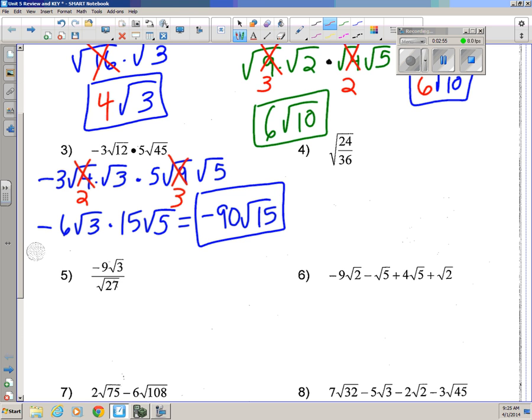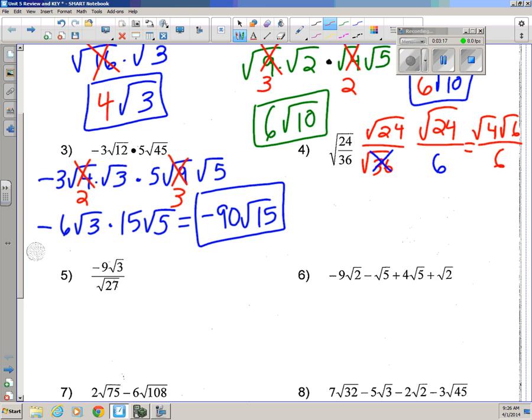Number 4, I realize that radical 36 is a perfect square. So instead of rationalizing, I'm just going to write the one big square root into 2 separate square roots. Because this is a perfect square, I know that 6 is going to come out. What's left up top is radical 24. But wait a second. Radical 24 is radical 4 times radical 6.